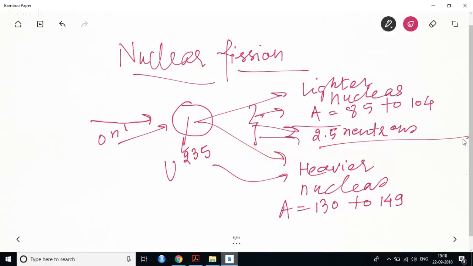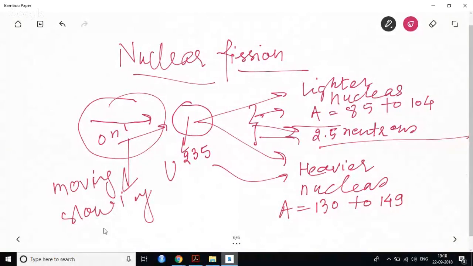So more neutrons will come. Now what happens? Try to understand. This neutron which is striking should be moving slowly. This is one property. Fast moving neutrons cannot produce nuclear fission. On an average, you will see 2.5 neutrons getting produced.